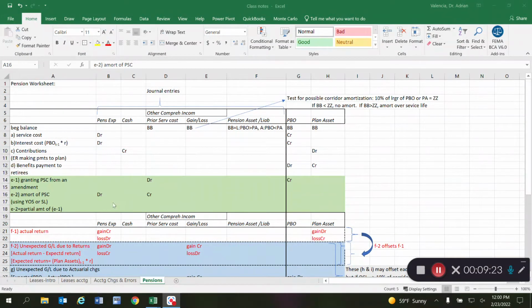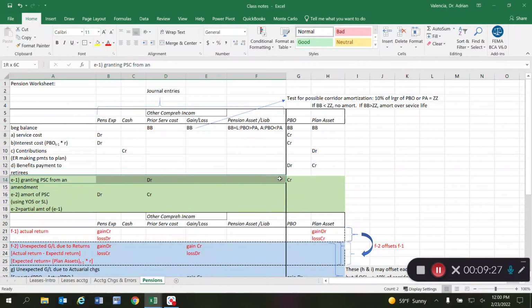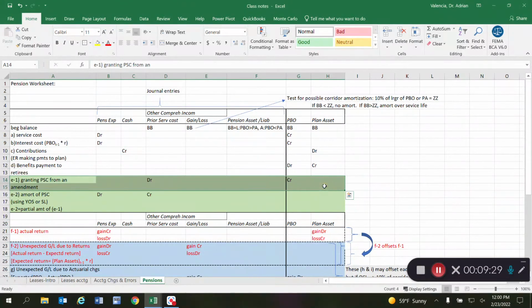And the idea is simple. We are granting pension benefits for periods that occurred in the past, and now the idea is that those amounts should be amortized over a longer period than just that date of the amendment.